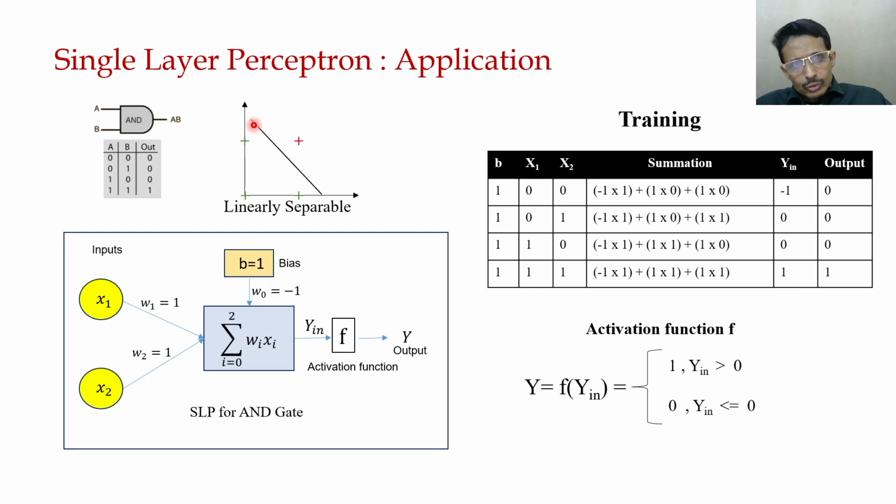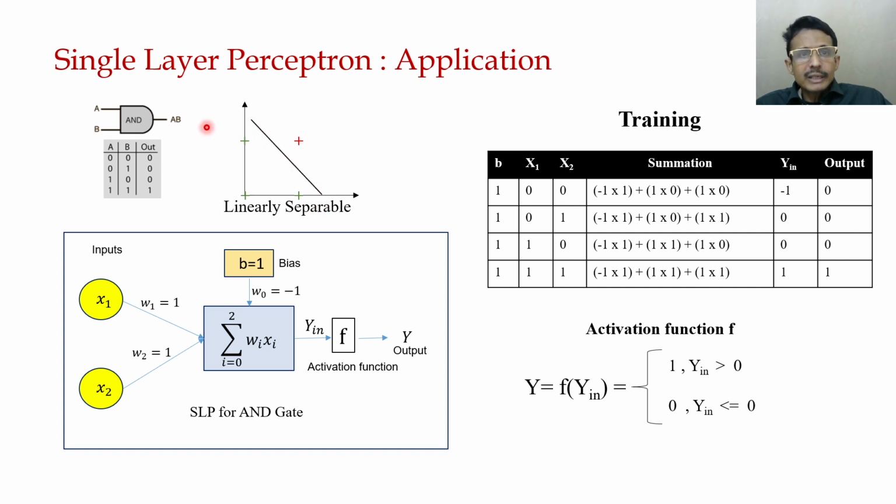It is a linear separator and we can easily separate the 0 and 1. So this truth table of the AND gate, 0 0 0, 0 1 0, 1 0 0 and 1 1 1, this data representation is linearly separable.